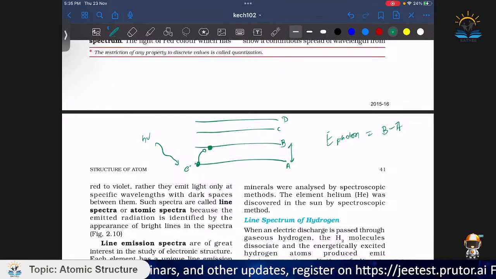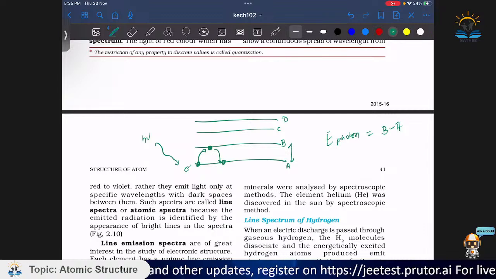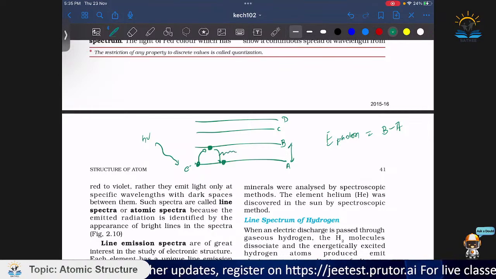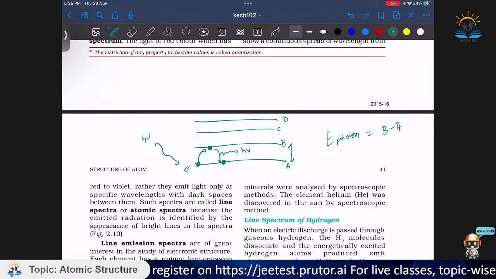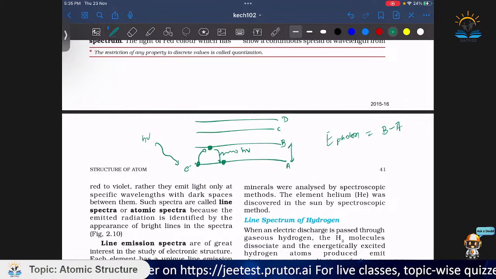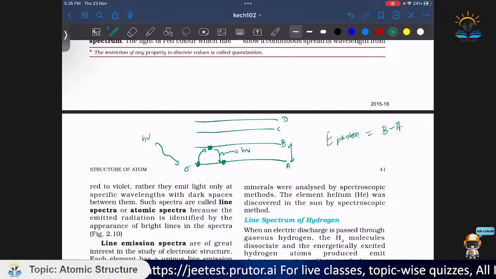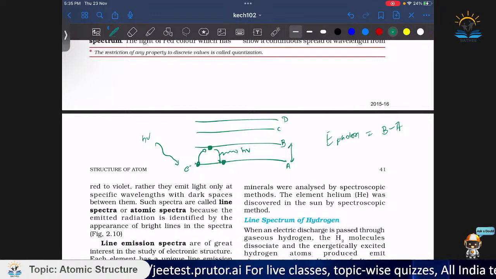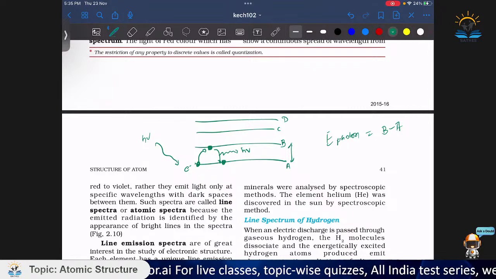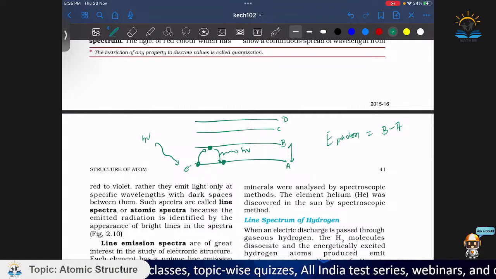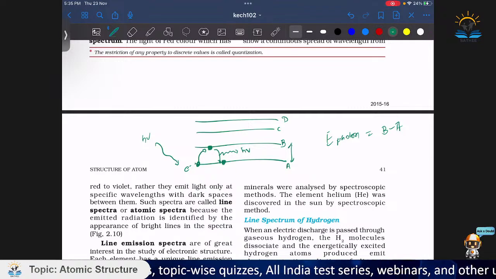Now, what will happen if the electron comes back to A? It will have to emit some energy, h mu, and this emitted photon has the same energy as the absorbed photon. If you give a certain amount of energy to the electron, it goes to a higher energy state, and when it comes back from the higher energy state, it emits a certain amount of energy.